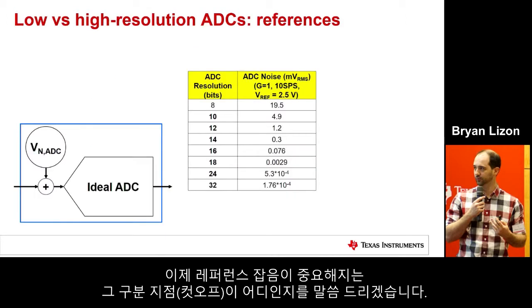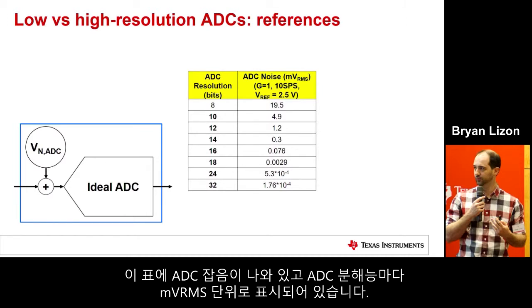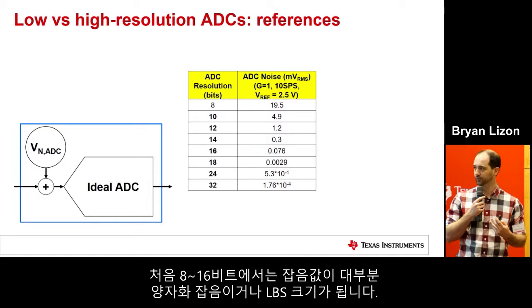What I'm going to look at right now is where that cutoff is as far as when reference noise really does matter. If you look at this table here, we have the ADC noise. This is in millivolts RMS for all these different ADC resolutions. For the 8 through 16 bit, it's approximately just quantization noise, or LSB size.